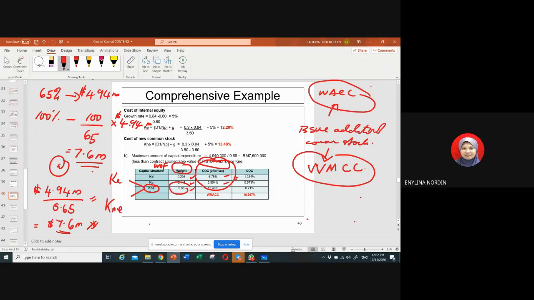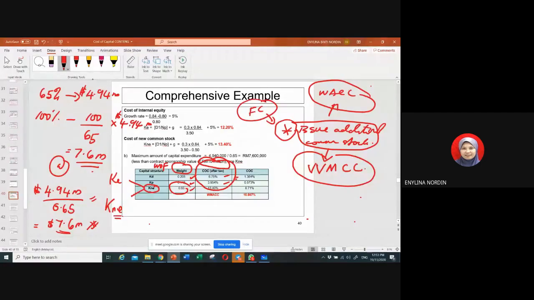So how are we going to decide? Let's look here. Since we are issuing additional common stock or equity, therefore we need to use KNE. You go back to the formula of KNE. Why do we use KNE? When we issue additional common stock, we will have a flotation cost that we deduct from the current price. We differentiate it by changing the abbreviation. We could just use KE, but we wouldn't know which KE to use, confused.